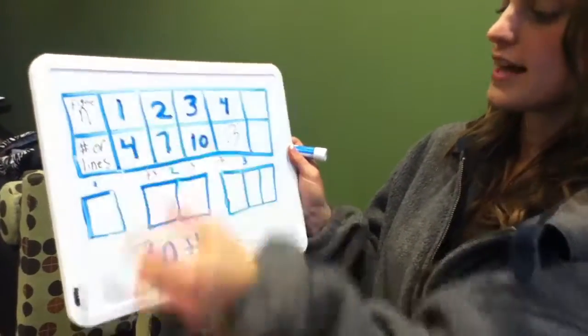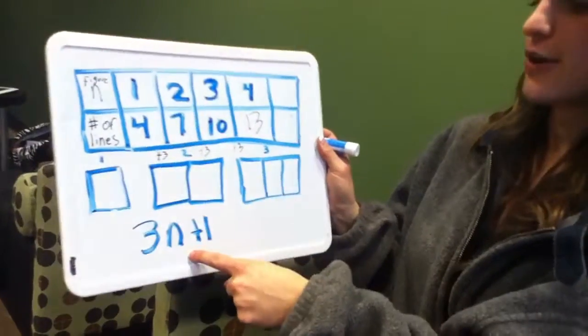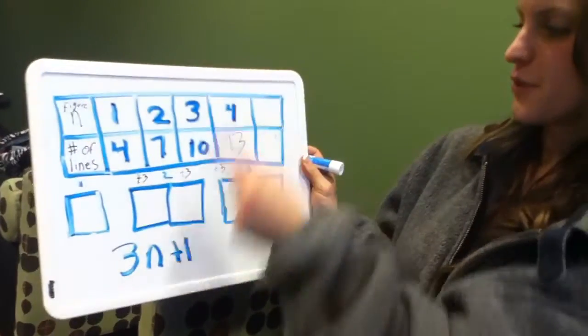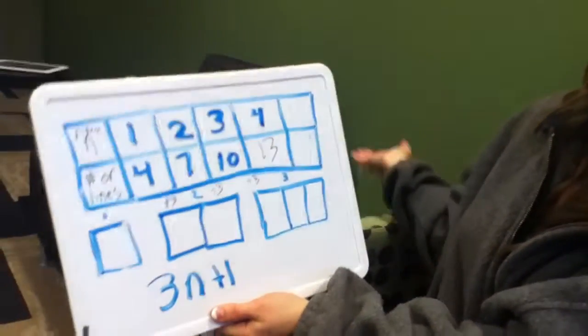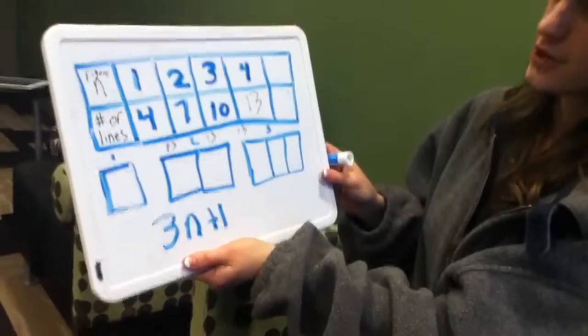So 1 could go in place of the n, or 2 could go in place of the n, or 3 or 4, depending on how many figures you have or you want to do an equation for.